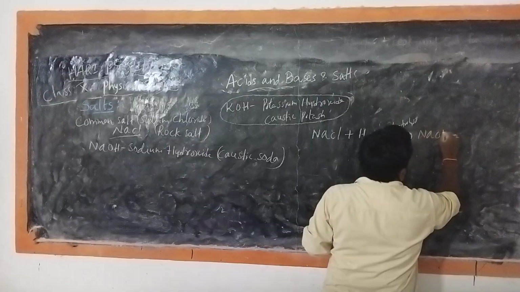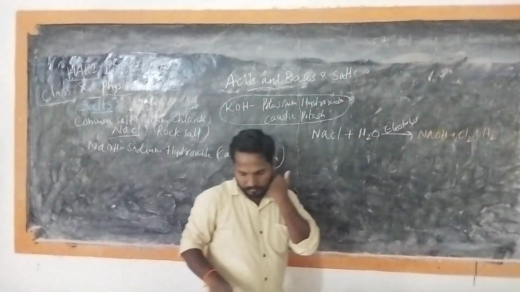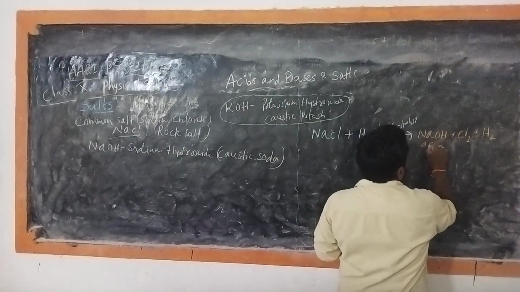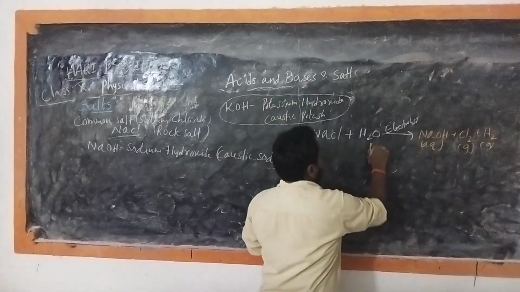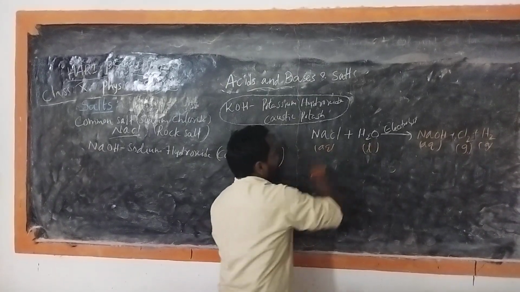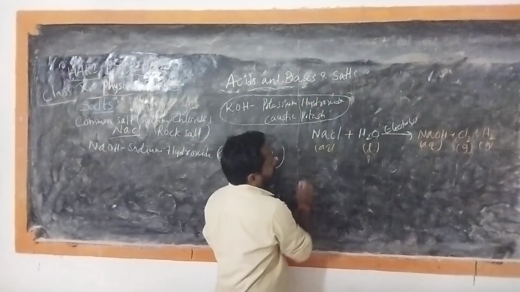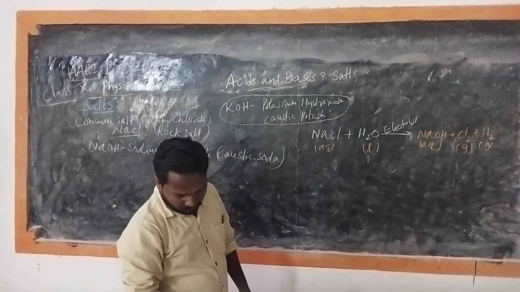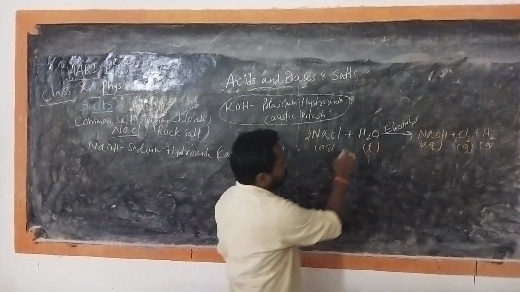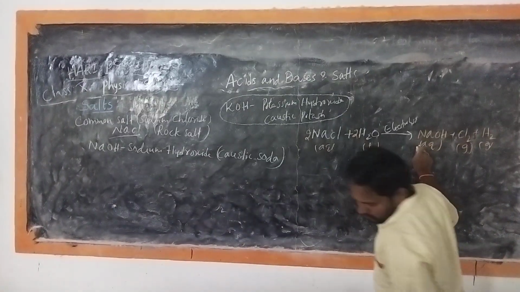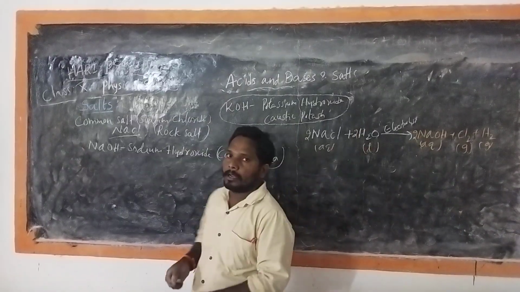NaOH plus Cl2 plus H2. NaOH is an aqueous solution, and the gases are obtained. Balance the chemical equation: 2, 2, 2. Now this is the balanced chemical equation.